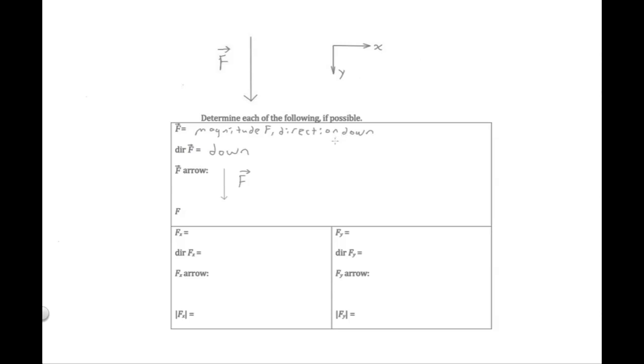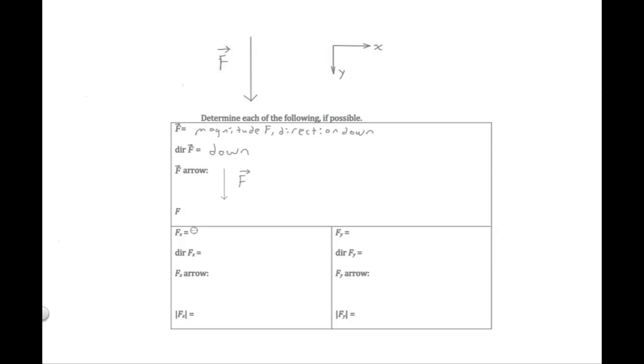So do you see, so far, everything we filled out here has been exactly the same as on the previous problem, because here we're just describing the overall vector, and this problem had the exact same overall vector as the previous problem. But the components will be different because the axes are different.